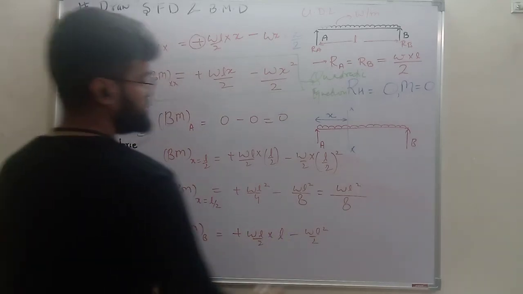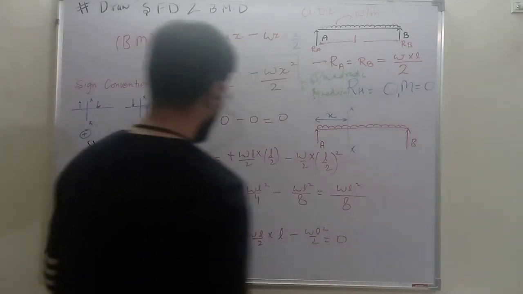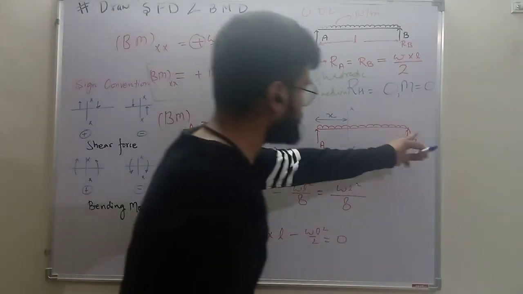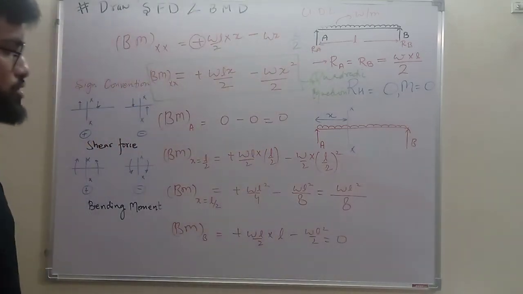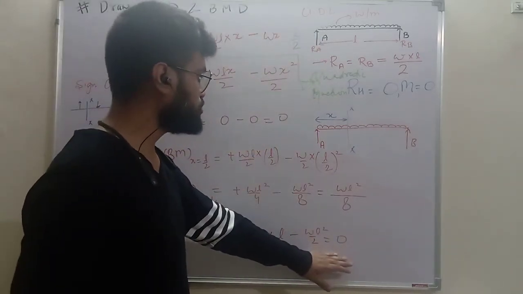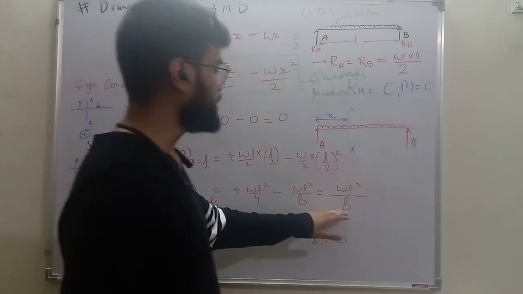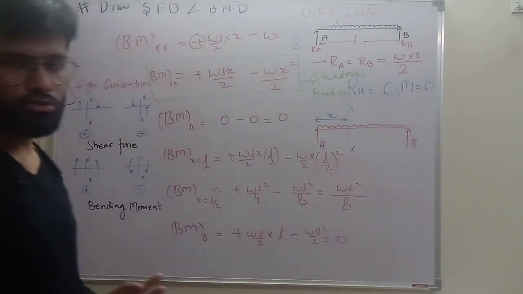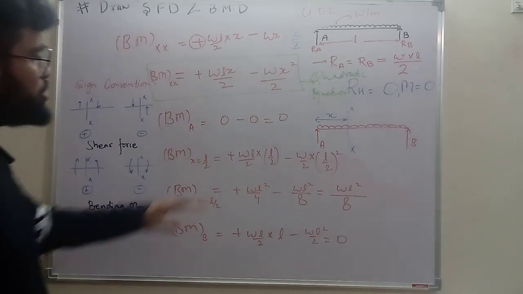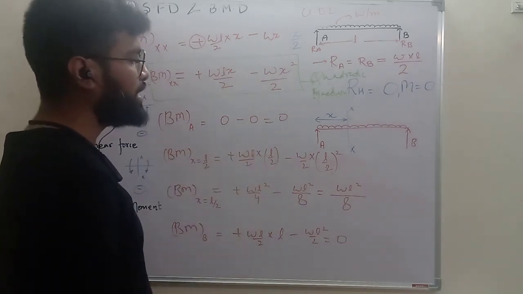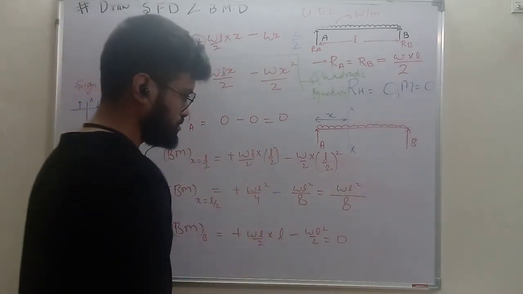Both are equal, so they cancel each other and the bending moment at point B will also be 0. So the bending moment at B is 0, at A is 0, and at the center is WL square by 8. Now by using these values we can draw the bending moment diagram for this problem.